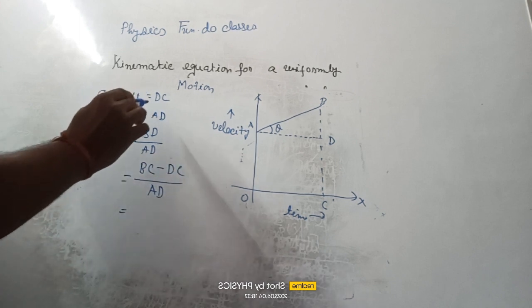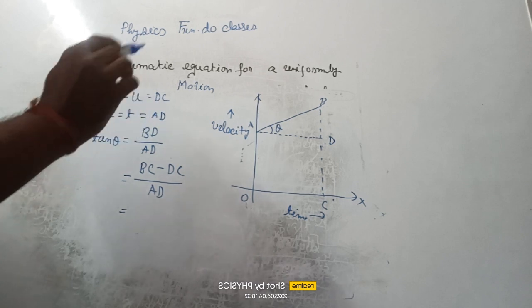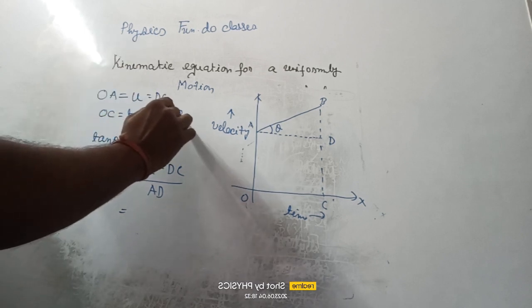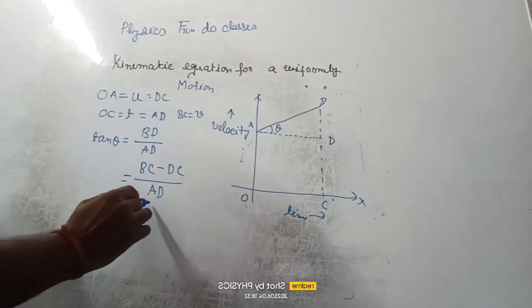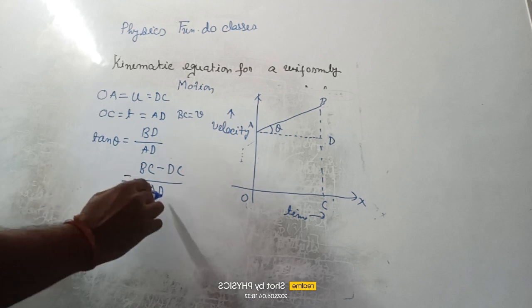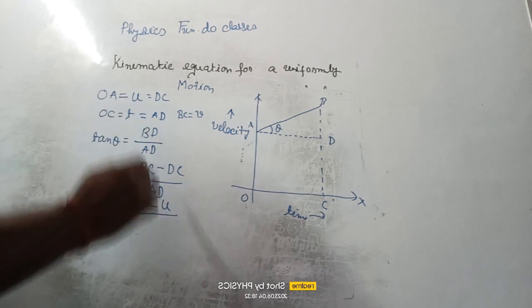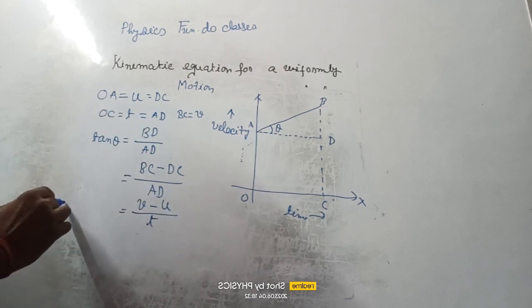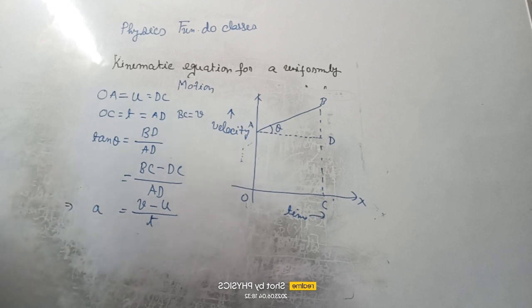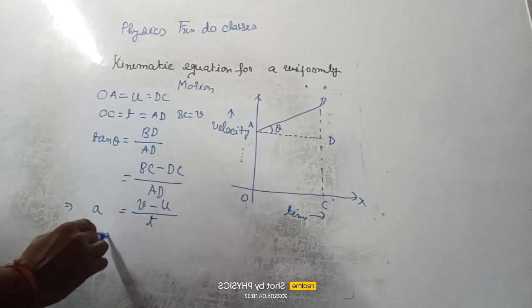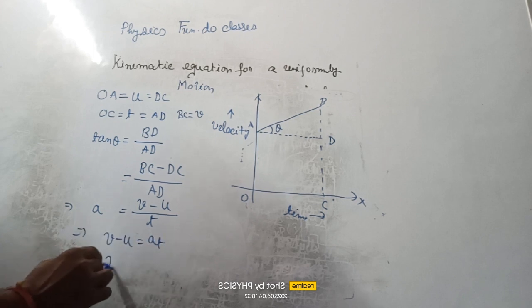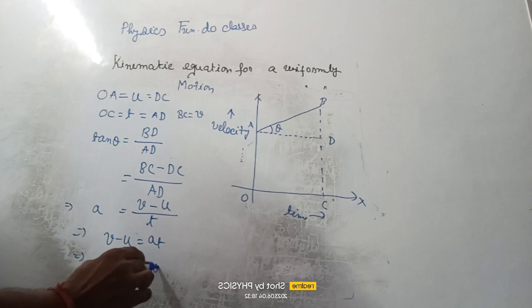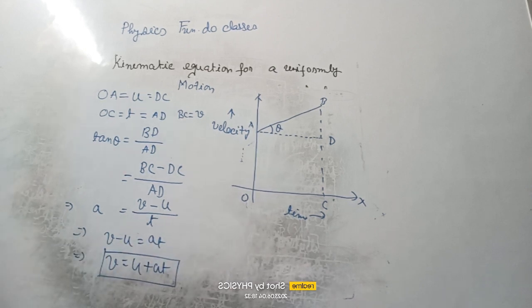Now BC is the final velocity, that is v. Putting it, v minus u by t, and tan theta gives us the uniform acceleration a. So we have v minus u equals at, that is v equals u plus at.